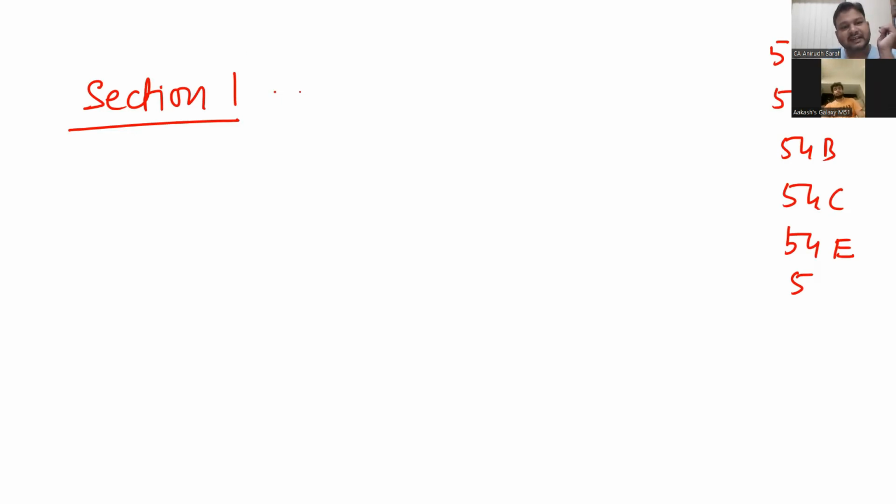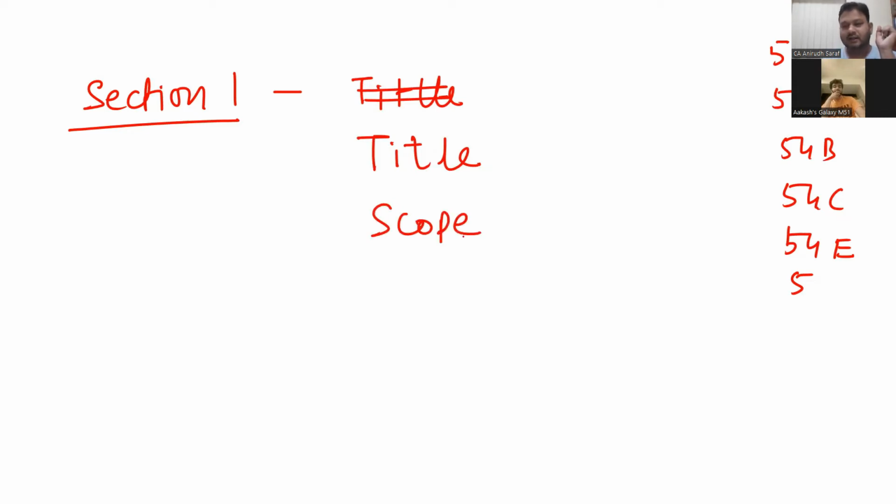So the first section normally contains the title, that is, what is the name of this act, the scope, and when the act will come into effect. All right. So if you open up section 1 of the Indian Income Tax Act, generally it will read, this act, if enacted by Parliament, I'll read it out to you.